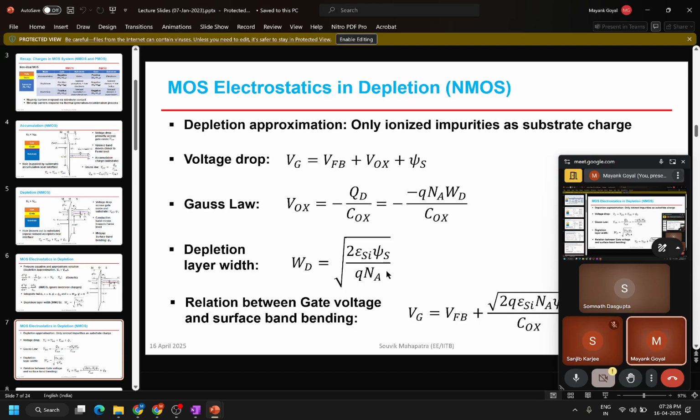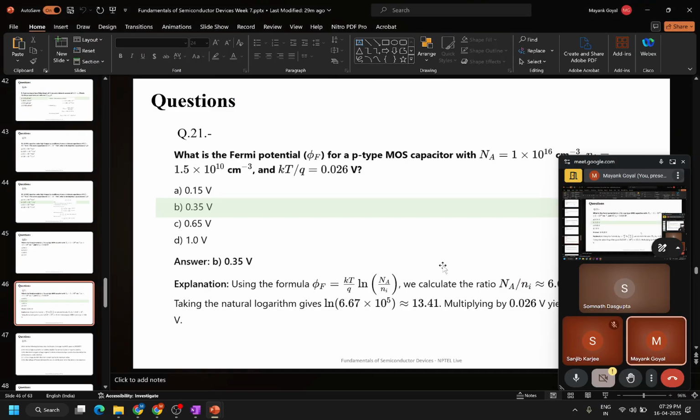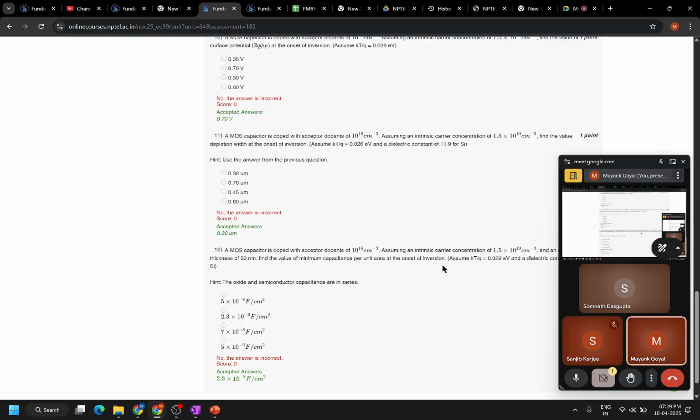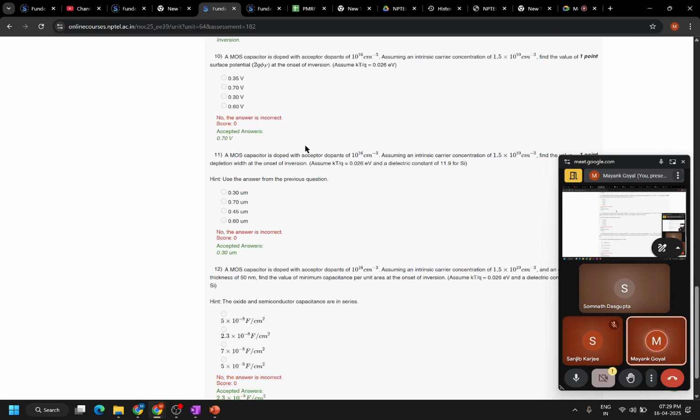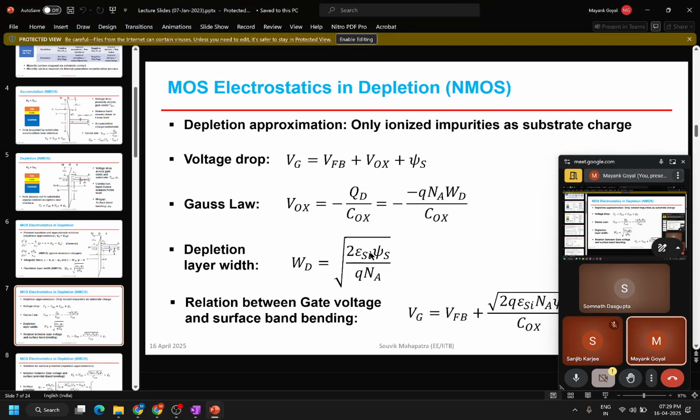Instead of psi s, you have to put 2 phi F, because the question is asking you to calculate at the onset of inversion. And at the onset of inversion, the band bending is 2 phi F, which you have just calculated as 0.7 volts. So you have to use 0.7 volts here.